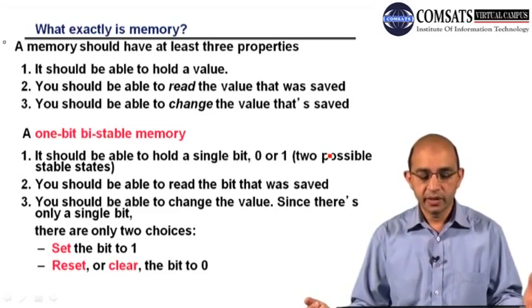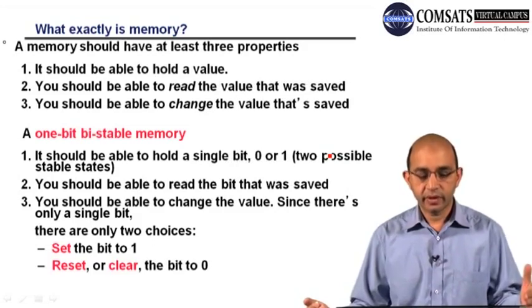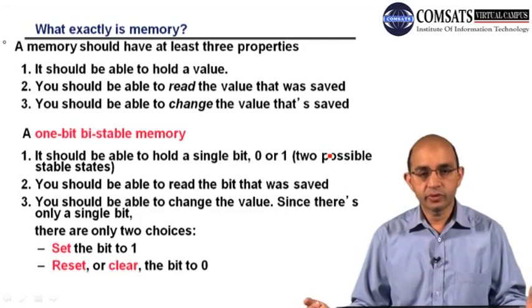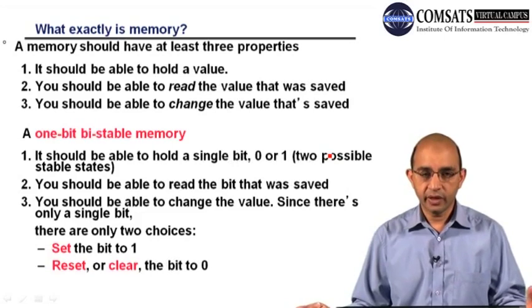So what is a memory? Normally a memory should have three features. It should be able to store a value, for example, if you want to store a bit, a 0 or 1. The second feature is the read capability: whenever we need to read the value, we can see what value is there at that location of the memory.